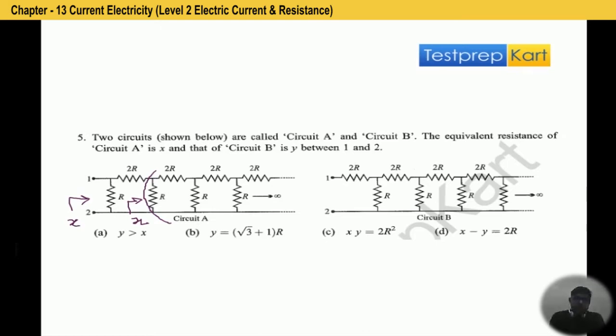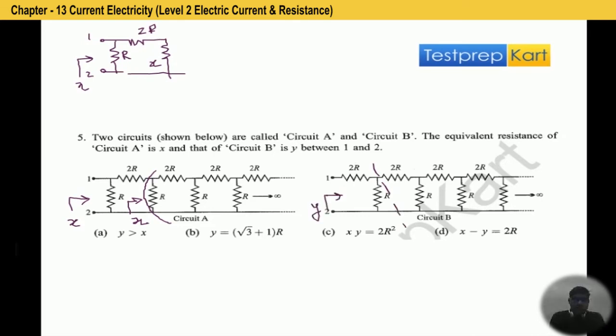So we can draw a reduced circuit. Suppose these are terminals 1 and 2. The resistance from here is X, which is connected through R and 2R, which is finally connected across resistance X. Similarly for circuit 2, we can divide two sections from here.